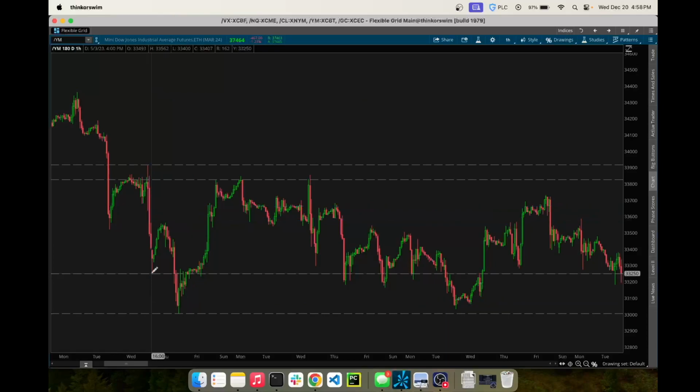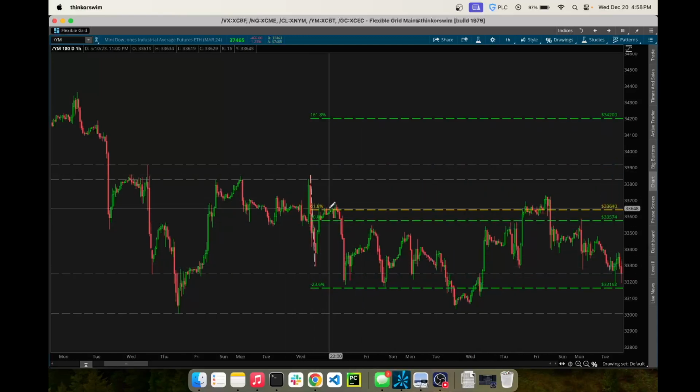That didn't touch. We get nice clear tests right here of this price level. We fall out of that and retrace. That looks pretty good to me. We get the 61.8 holds for all intents and purposes. It's not the cleanest, but we've then got a nice zone down here, or a nice profit target.